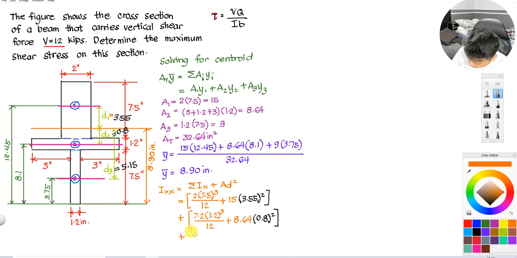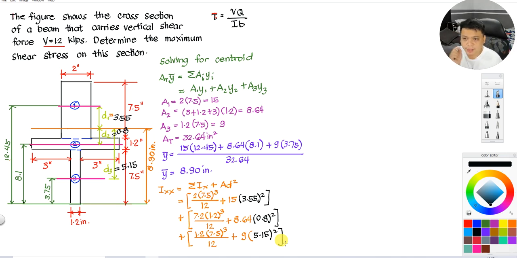And lastly, for the third, I will now have B, 1.2, H is 7.5 cube all over 12. Plus the area 3, which is 9. Multiplied it by the D3. Ang D3 ko is 5.15 squared.